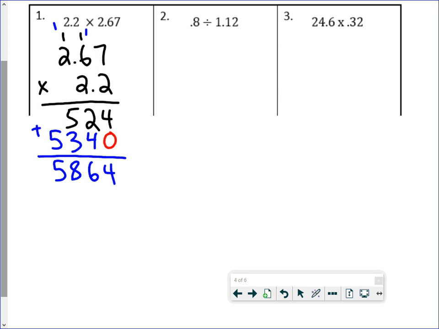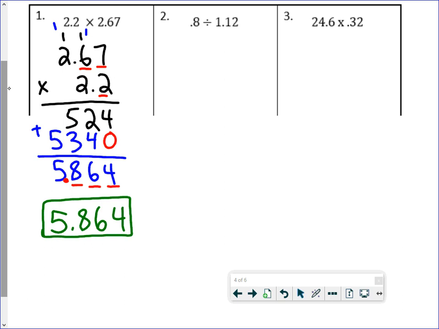Now we count how many digits are after the decimal point. And in this case, we have 3. So I'm starting from the right, and in my final answer, I'm going to move 3 places and then put my decimal point. So my final answer is 5 and 864 thousandths.